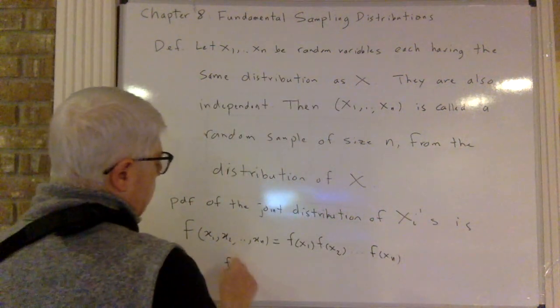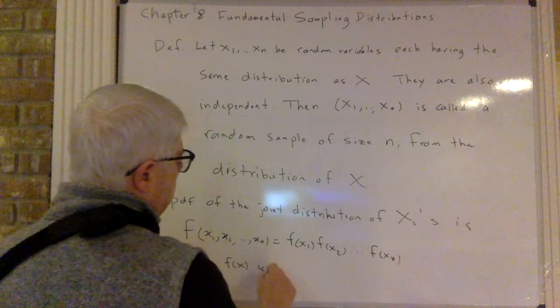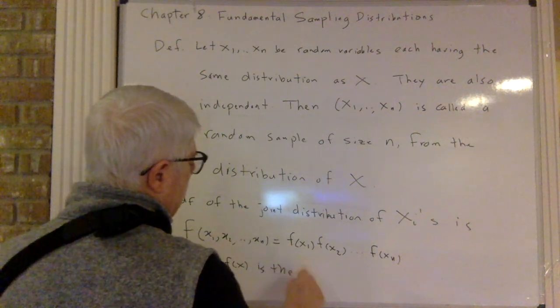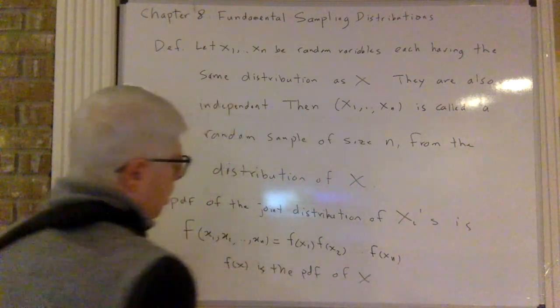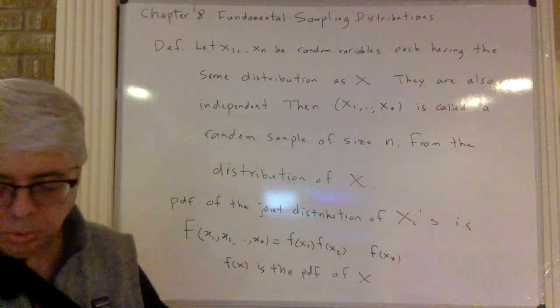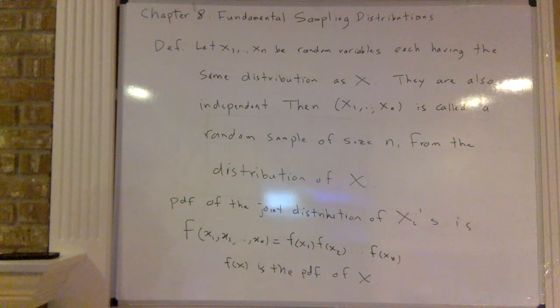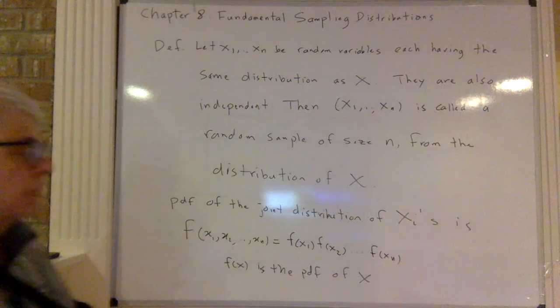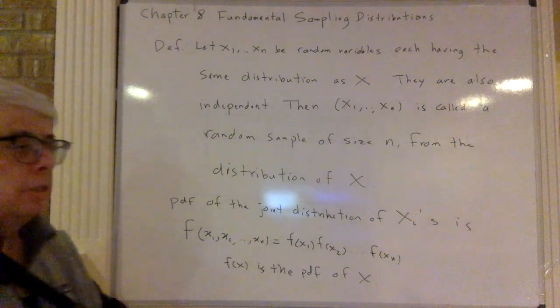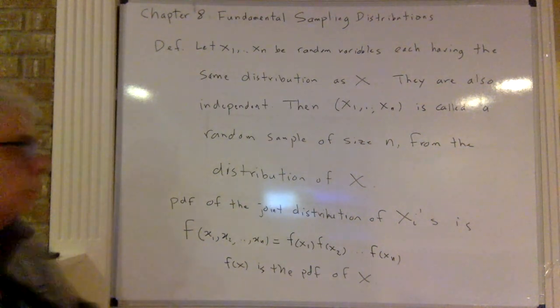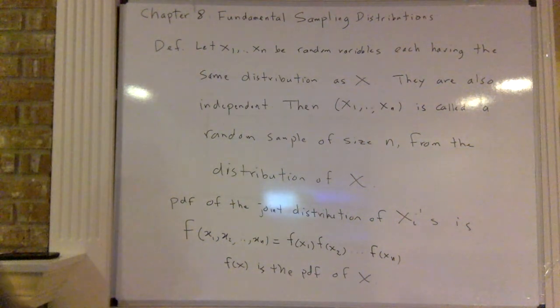And f of x is the PDF of x. Okay. So that x1 up to xn is called a random sample. Its PDF is in fact fx1 times fx2 up to fxn, and each fx is a PDF of x, the same as the PDF of x.